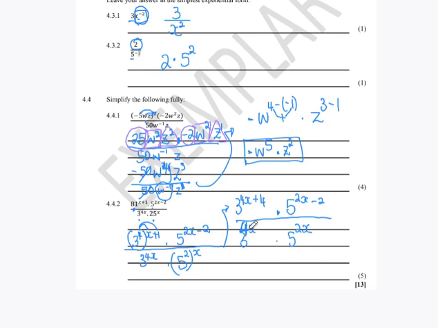Alright, now we're taking everything to the top. Remember, the 3 will work the same way. So 3 to the power 4x plus 4. This is what we have on top.